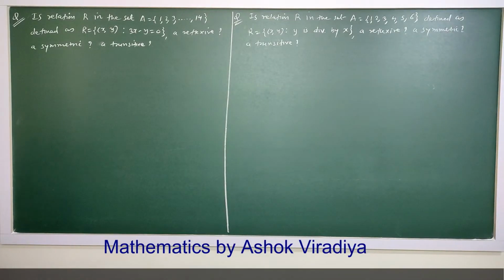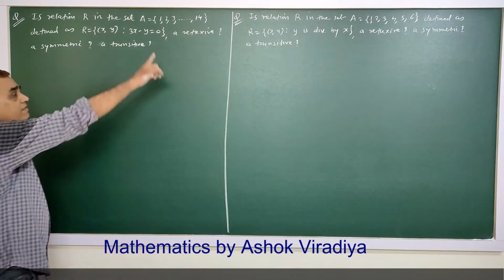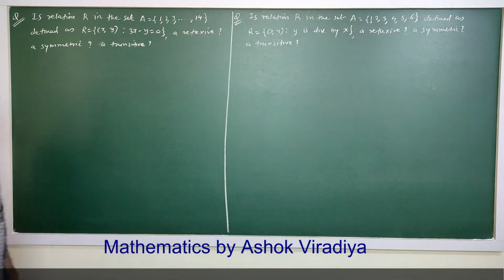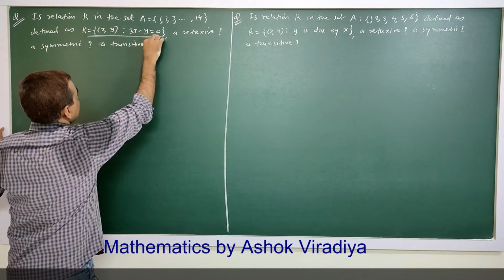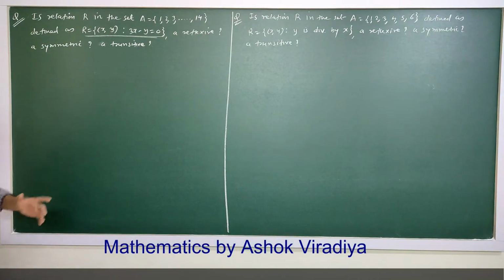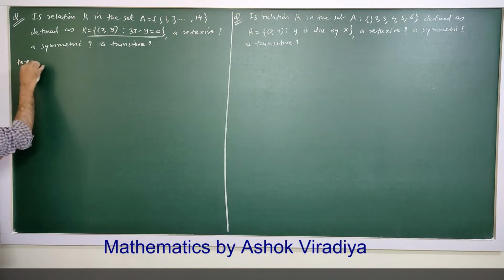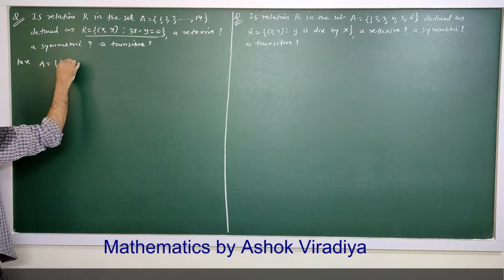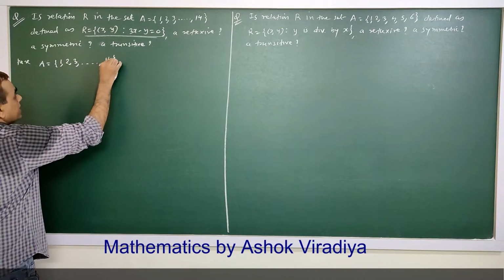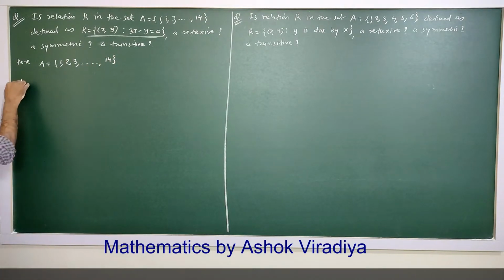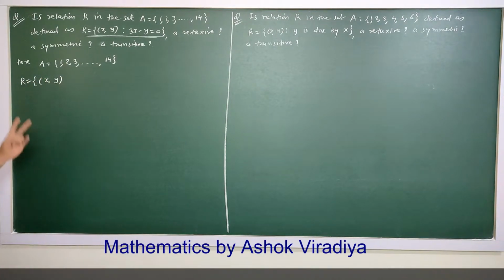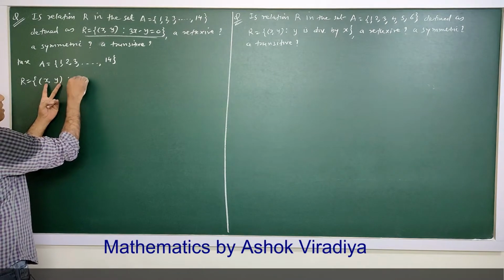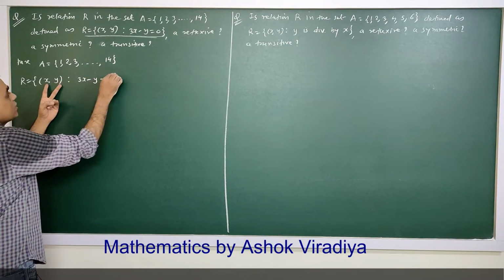Is R a relation in the set A? The given set contains the first 14 natural numbers and the relation is defined on this set. Is it reflexive, symmetric or transitive? That is the question. So here set A contains the first 14 natural numbers and R is a relation containing all those ordered pairs satisfying 3x minus y equal to 0.